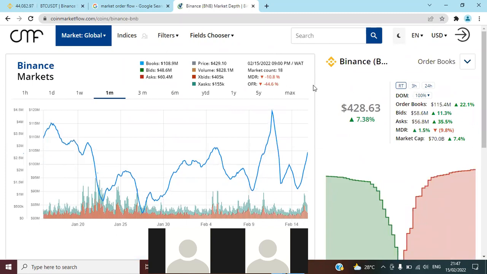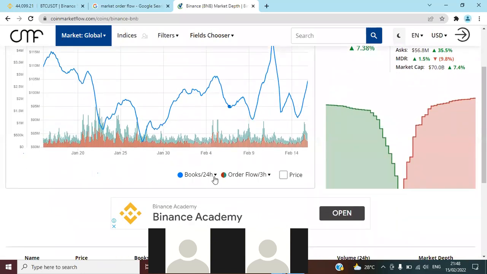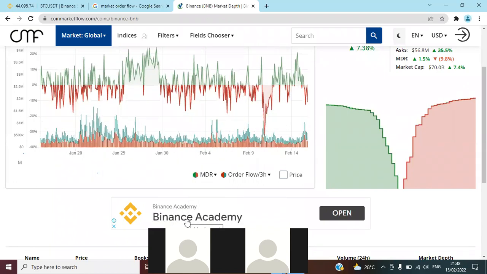Now, when this comes out, this is the Binance market. And then if you go down, click on this place, click on MDR, market depth ratio. You choose this one.